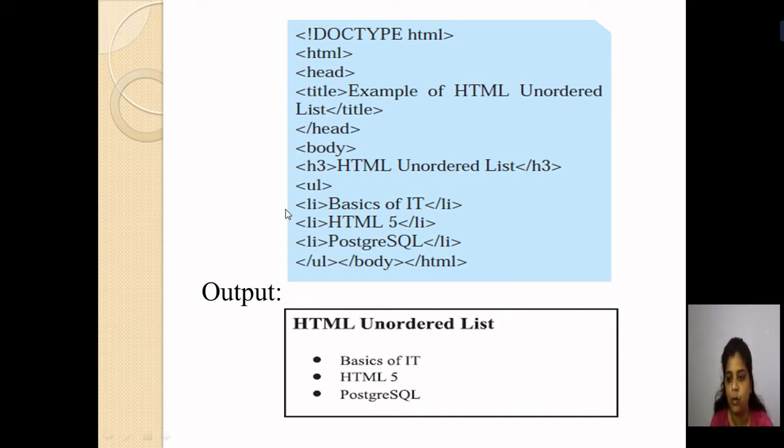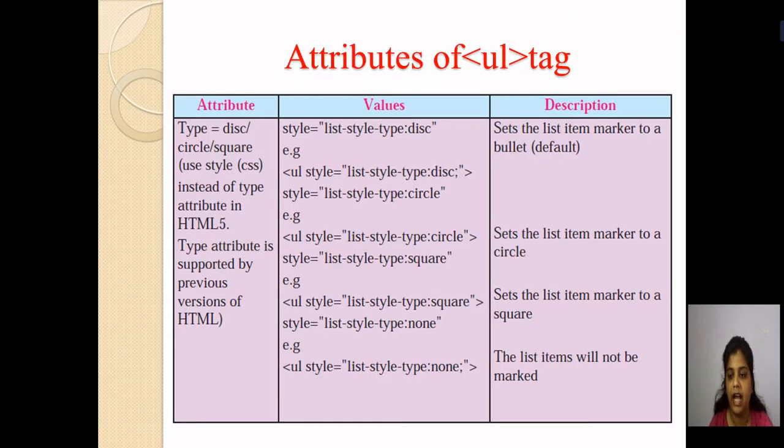So have you all got what an unordered list is? Now moving forward, we will see the attributes of the ul tag. Which are the different attributes of the ul tag? There is only one attribute we are studying first, that is type. The type is equal to disc, circle, or square. Use style CSS instead of the type attribute in HTML5.